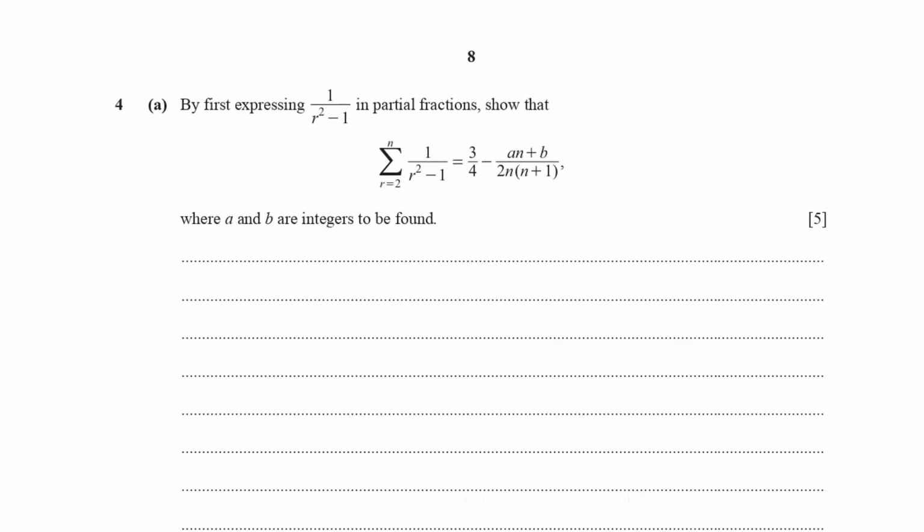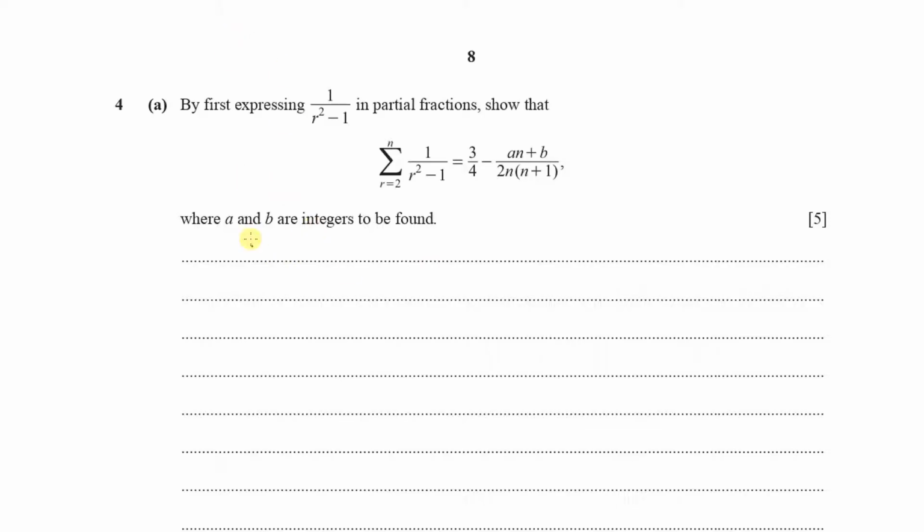Question number 4. Part A. By first expressing 1 over r squared minus 1 in partial fractions, show that the summation from r equals 2 up to n of 1 over r squared minus 1 is equal to 3/4 minus (an plus b) over 2n of (n plus 1), where a and b are integers to be found.